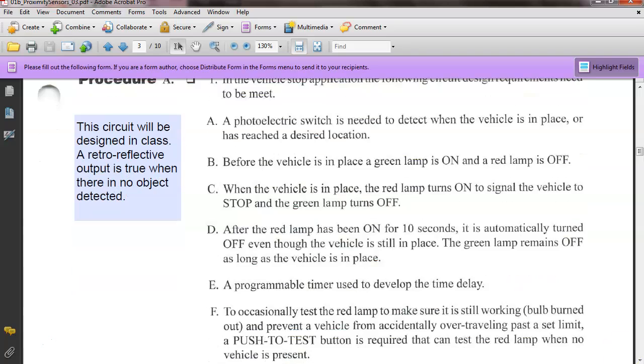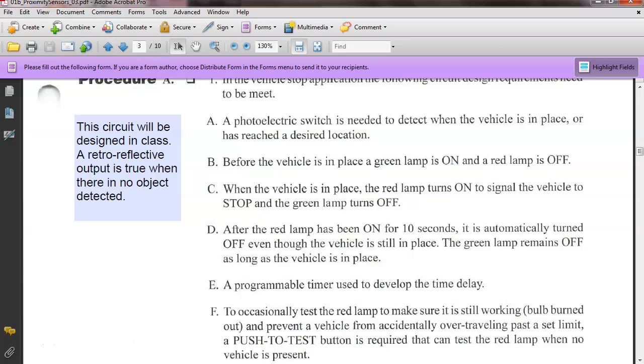But like I said, when the first group gets to this lab, we'll stop and go over the programmable timer. But we have to add one more thing. To occasionally test the red lamp to make sure it is still working, because of a burned out bulb, and to prevent a vehicle from accidentally over traveling past the set limit, a push to test button is required that can test the red lamp when no vehicle is present.